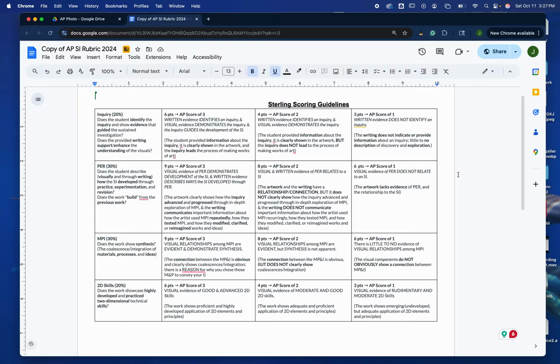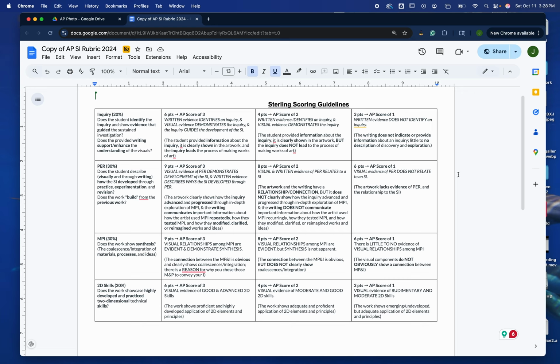You've not just identified a topic that you're doing pictures of. You've got a question, a genuine question that you don't know the answer to, and you're trying to experiment and explore potential answers to that, not just taking pictures that relate to it. That's inquiry. That's 20% of your grade.